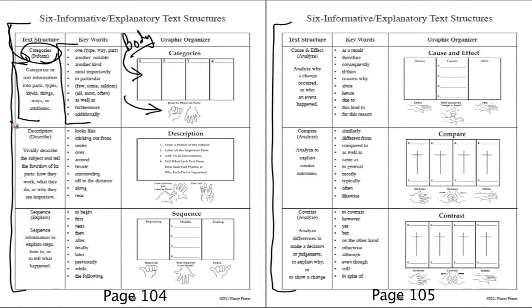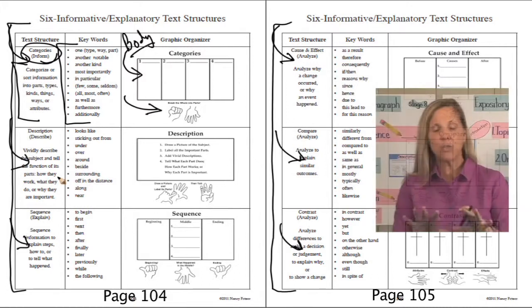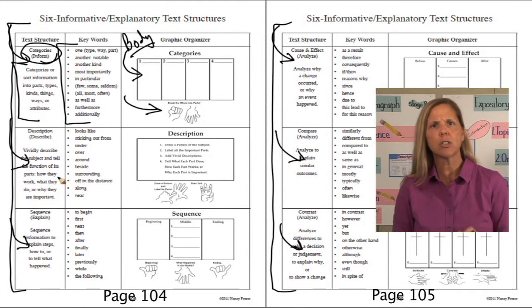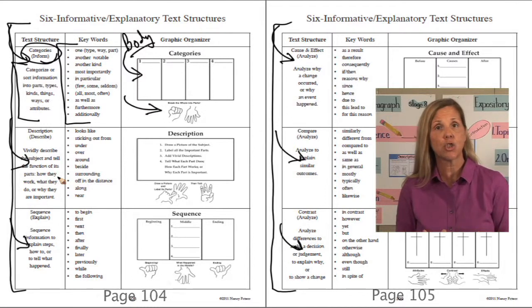You will then see for description, for sequencing, on the facing page, cause and effect, compare, contrast. It has the same exact information for those types of organizers. I like to use these 2 pages more as a teacher reference so that I have the definitions, I have some keywords, I have a quick, at-a-glance, detailed information of all 6 charts.